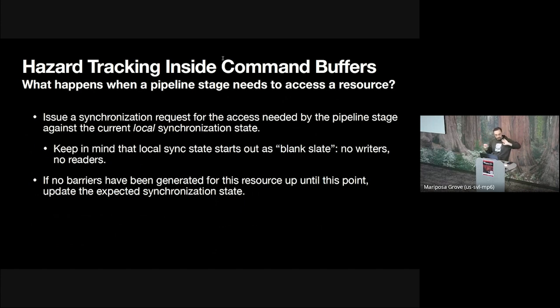There's no previous writers or readers. And so your first accesses will probably not result in a barrier. And so as long as we did not see a barrier yet, we just update the expected synchronization state with that pipeline stage and that access to keep track of what the command buffer wants the resource to be like when it starts executing, right?